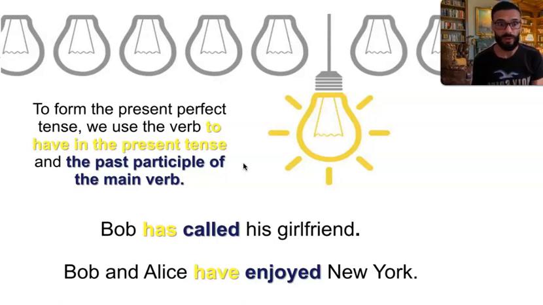And since it's a regular verb, we simply add ed. Bob and Alice have enjoyed New York. Notice that the form of the verb have changes and it's written have because now we have Bob and Alice, two people. So the pronoun they. They who? Bob and Alice. All right?